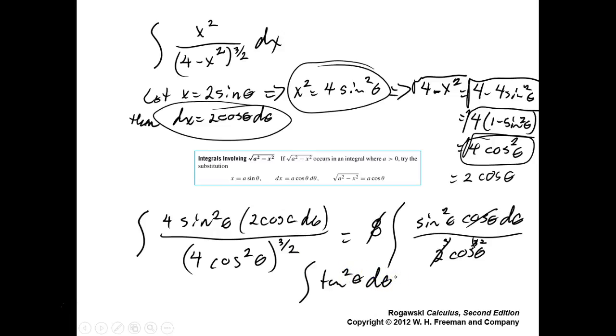All right? Hey, that looks familiar. Let's go back a couple of pages to that table at the end of 7.2. And what was the integral of tangent squared theta? You know, they don't list it there particularly. They just do tangent to the nth theta.